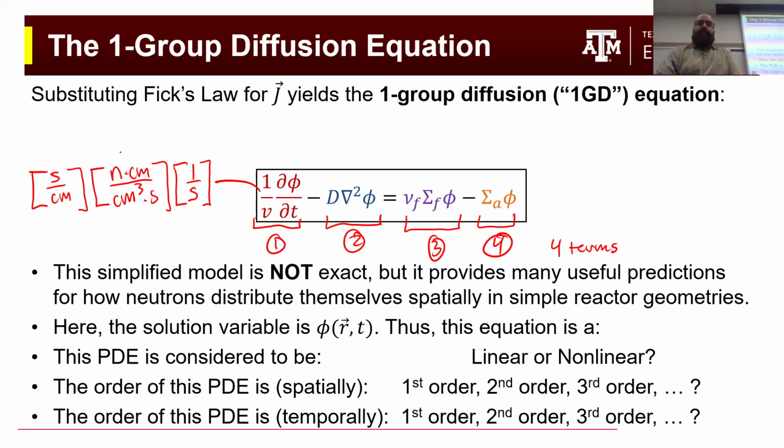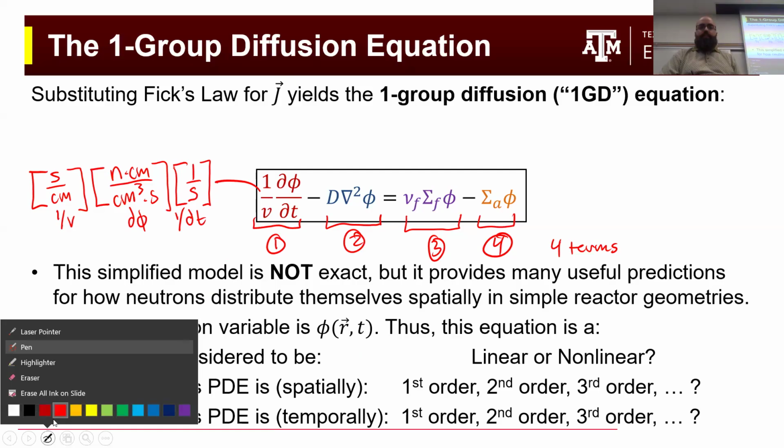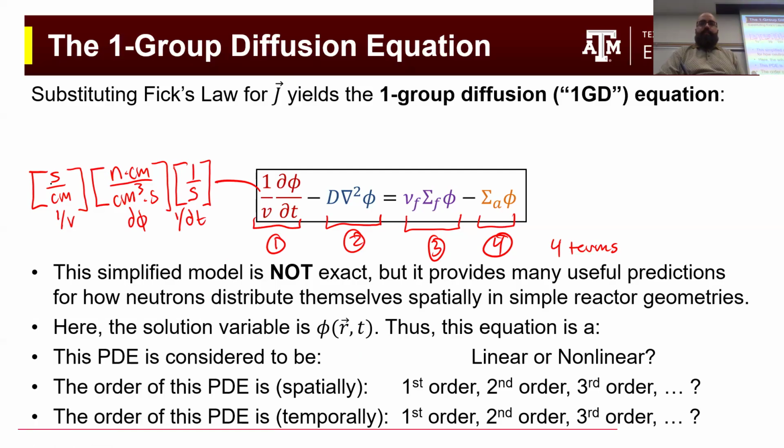So these are the units of my d phi term, these are the units of my 1 over dt term, and these are the units of my 1 over v term. If I think about how those units simplify, these seconds can cancel these seconds, and these centimeters can cancel these centimeters. Ultimately, what I'm left with is neutrons per unit volume per unit time.